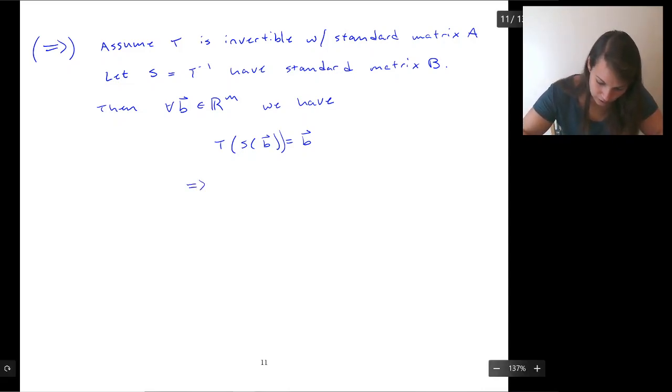So then we're going to get A times B times b, because B is what we defined S to be. It's going to be equal to b.